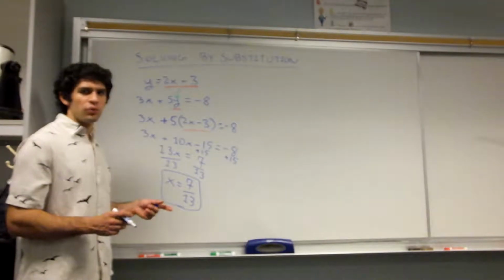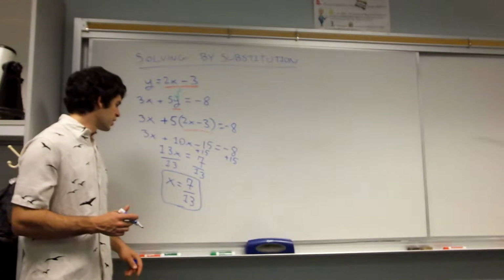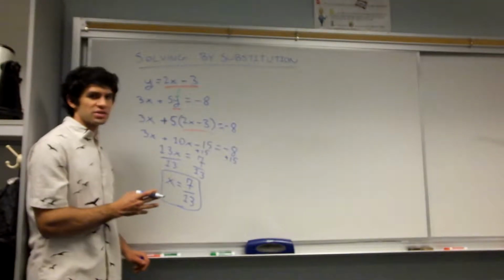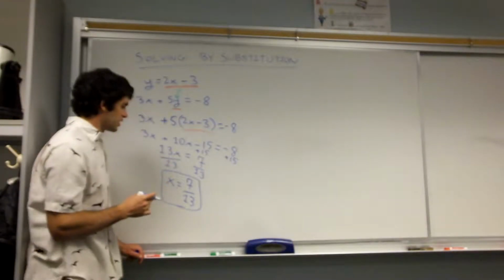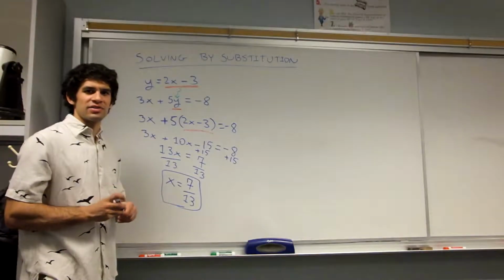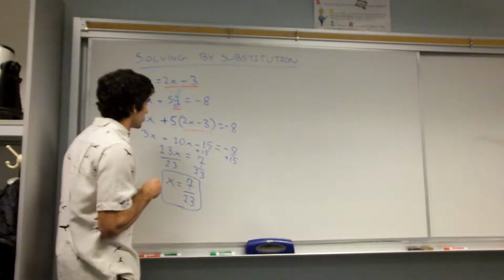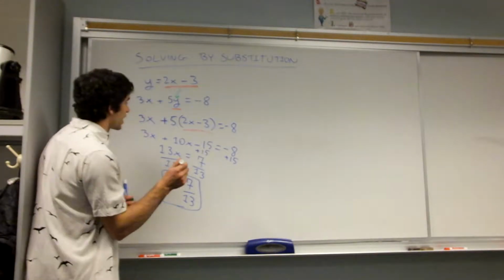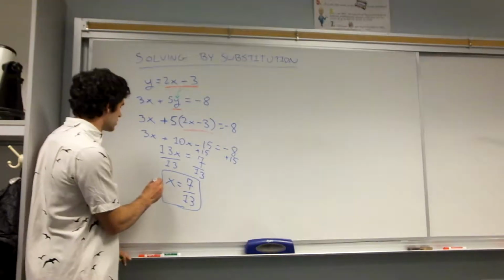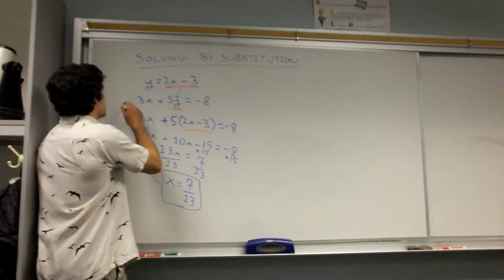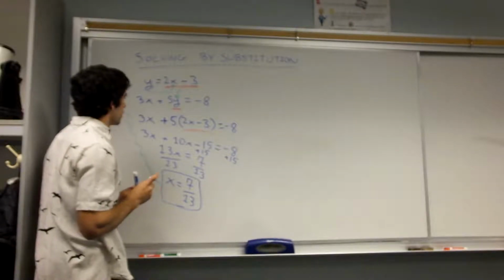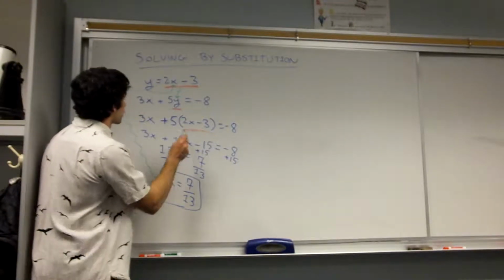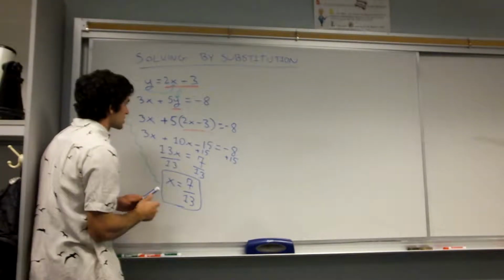So now we've only done half the work, because in solving for a system of equations, we have both an x and a y value. But luckily for us, it's not too bad. So we would want to take our x value, and we're just going to do substitution again. Since this is an x over here, we can substitute 7 over 13 for this x.